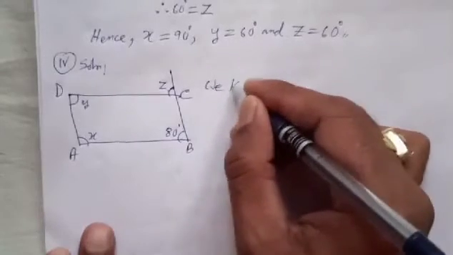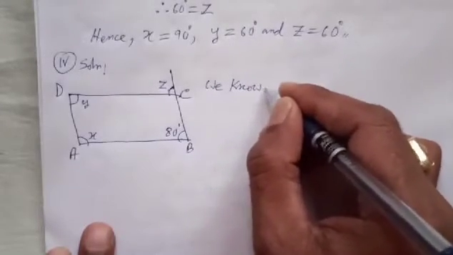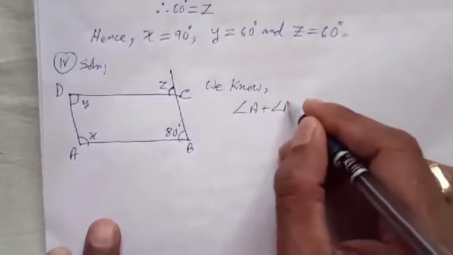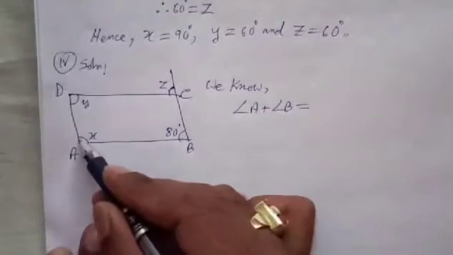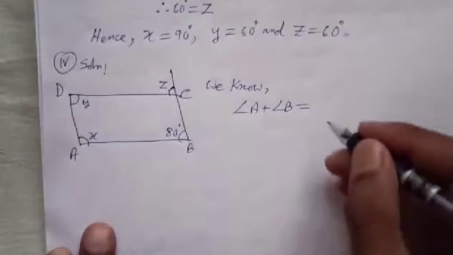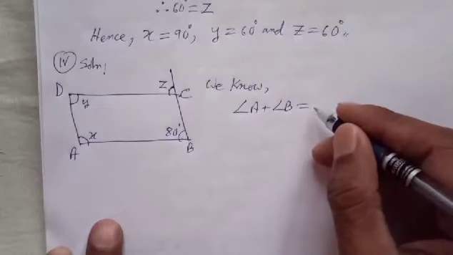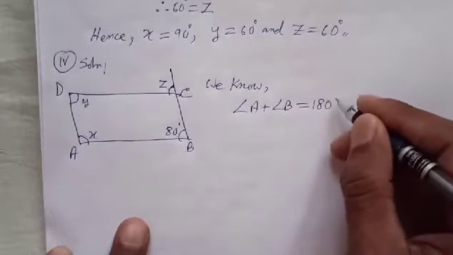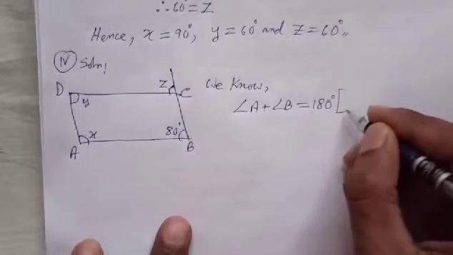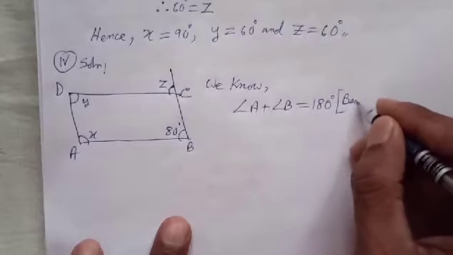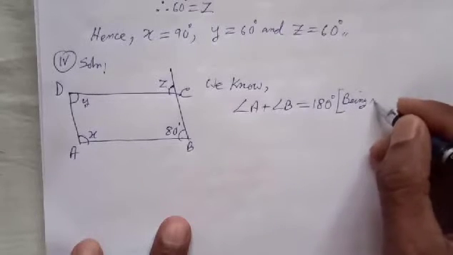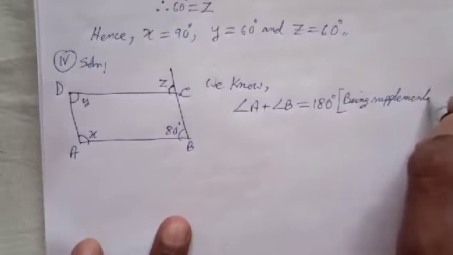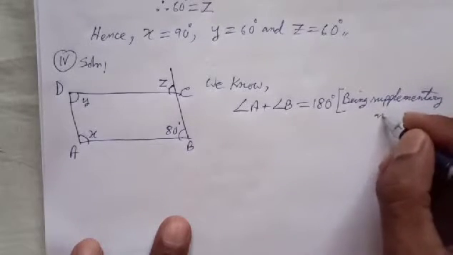We know angle A plus angle B, here we see that angle A and angle B are adjacent angles, so in a parallelogram the adjacent angles are supplementary, so the total angle must be 180 degrees, being supplementary angles.